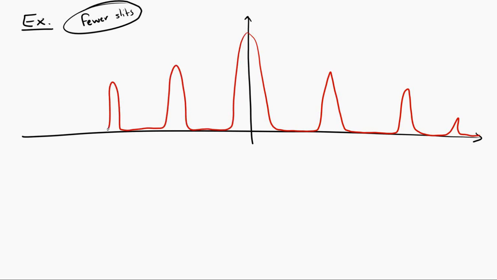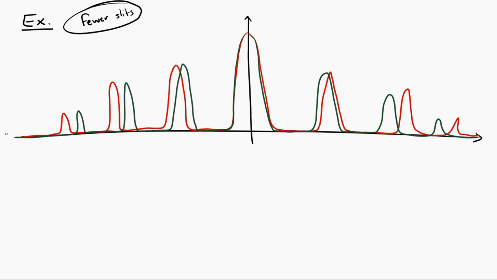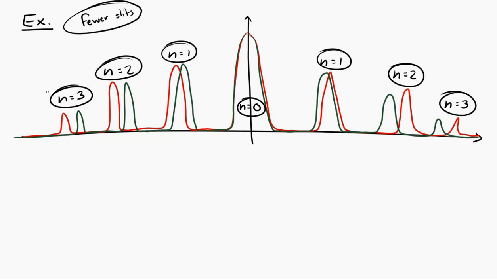Green light has a smaller wavelength, so the green maxima would be closer in than the red. That central maximum is n equals 0, and then we have the n equals 1, n equals 2, and n equals 3 peaks. These are called the first order maxima, second order maxima, third order maxima. That's the language that we use.